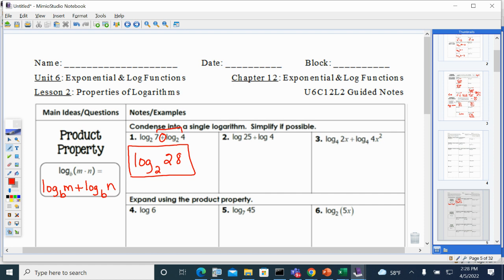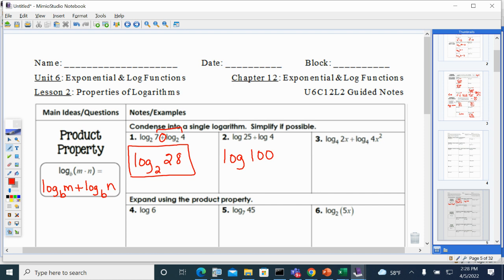In number 2, log of 25 plus log of 4. We're again going to condense. The log stays the same. We don't change the log or the base. But because there's a plus in the middle, we're going to multiply, and 25 times 4 is 100. It does say simplify if possible.